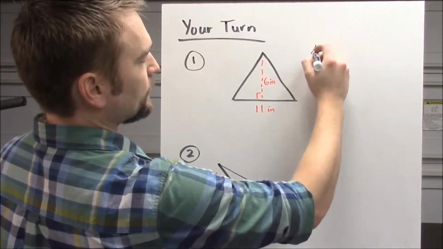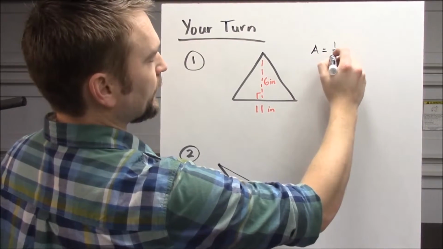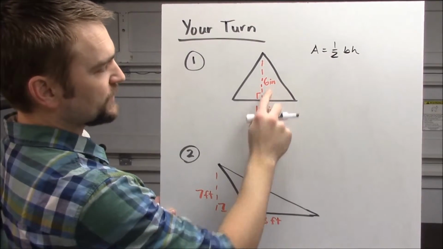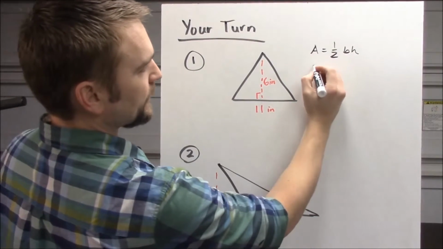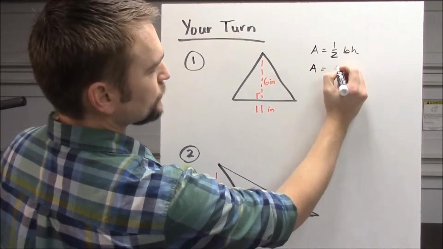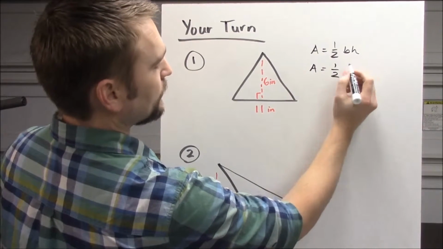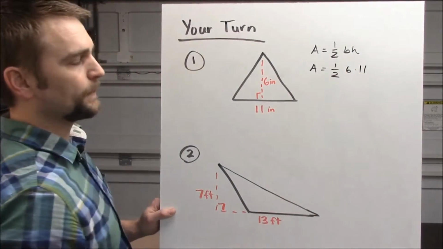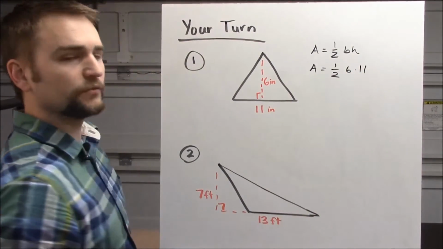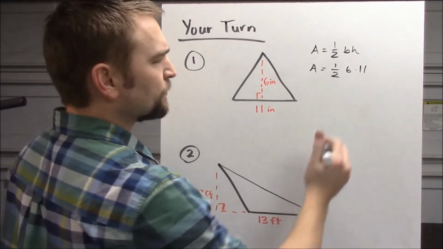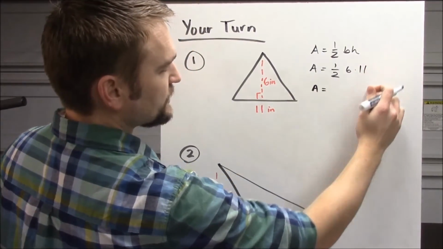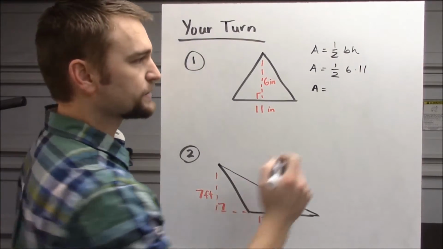So my area equals 1/2 base times height. We have a height of 6 inches and a base of 11 inches. So my area is equal to 1/2 times 6 times 11. Or I could say 11 times 6, if you want to keep those in the correct order. So area, and I like putting these in layers here. I think that helps just keep things organized.